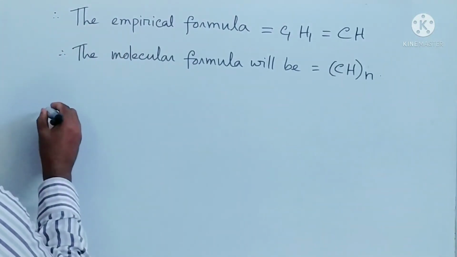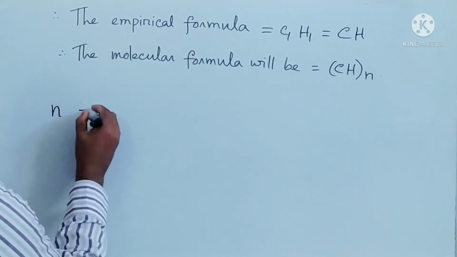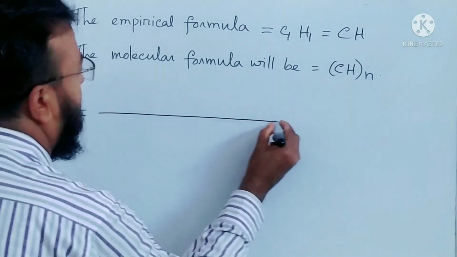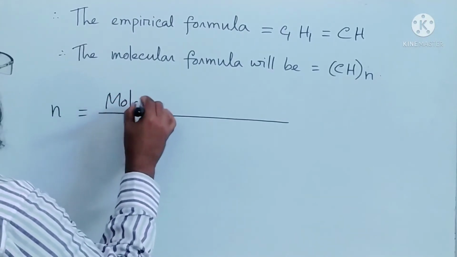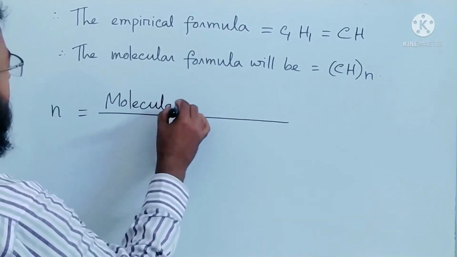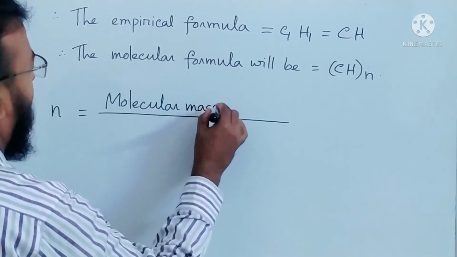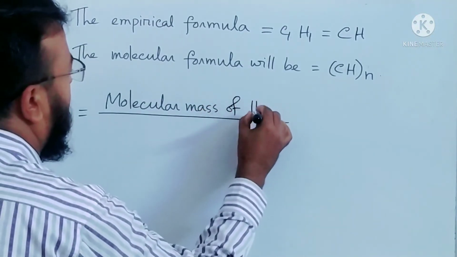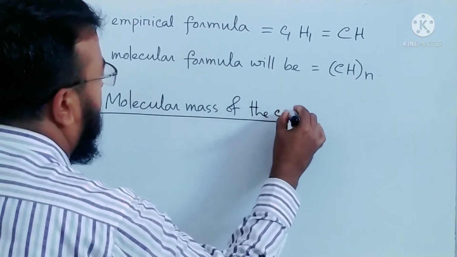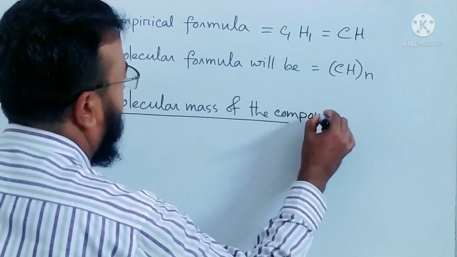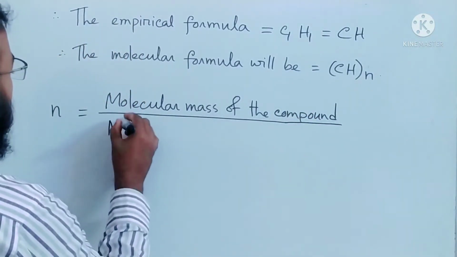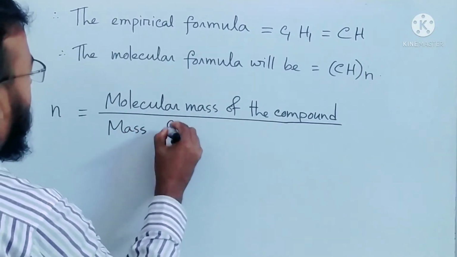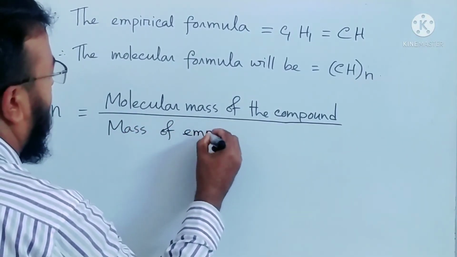Okay, now what is n? n equals molecular mass of the compound divided by mass of empirical formula.